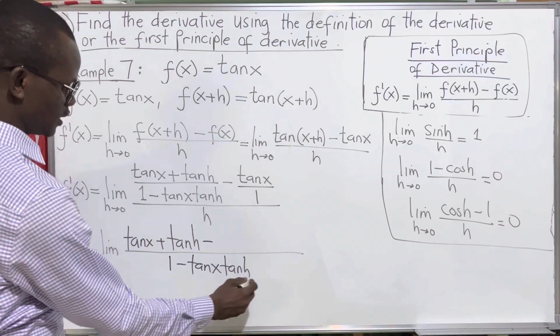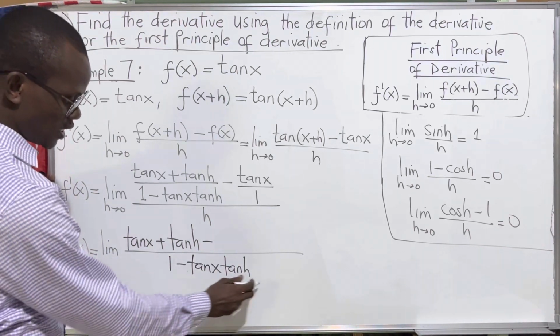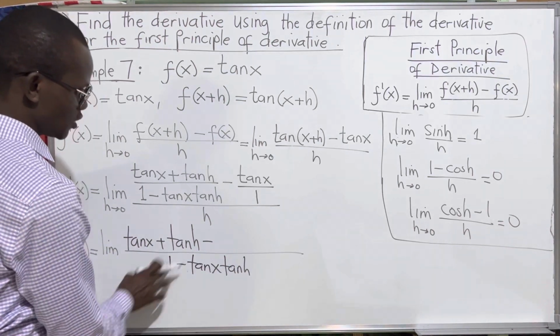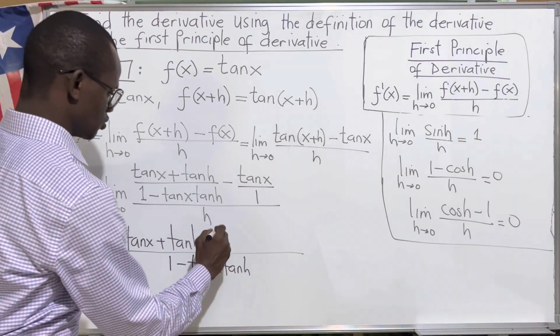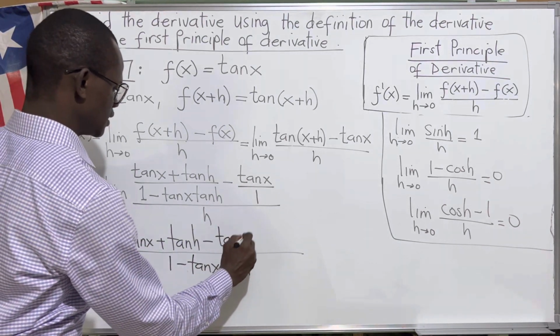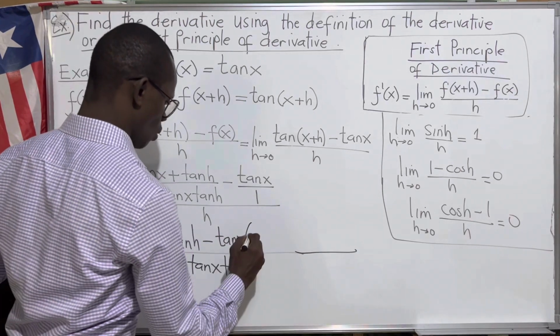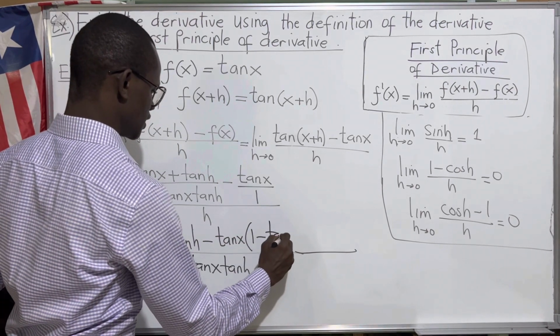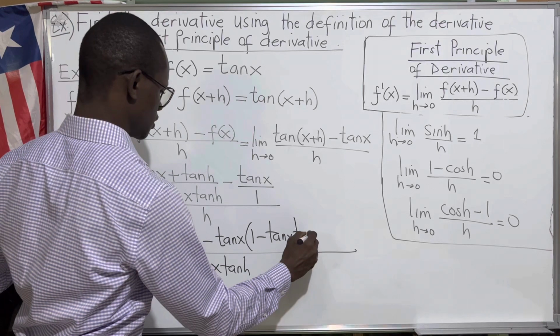Minus, the denominator goes into the second term, and we multiply by tangent of x, so you get tangent of x times 1 minus tangent of x tangent of h.